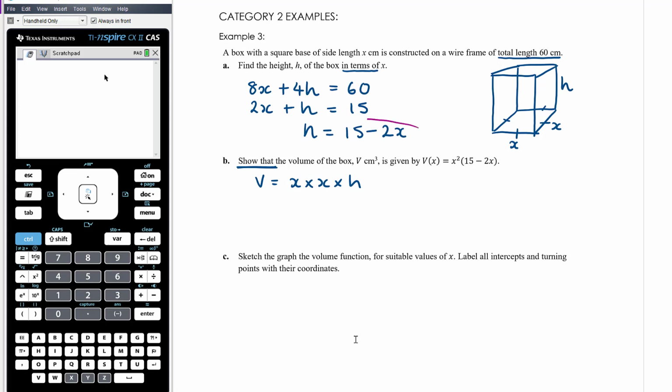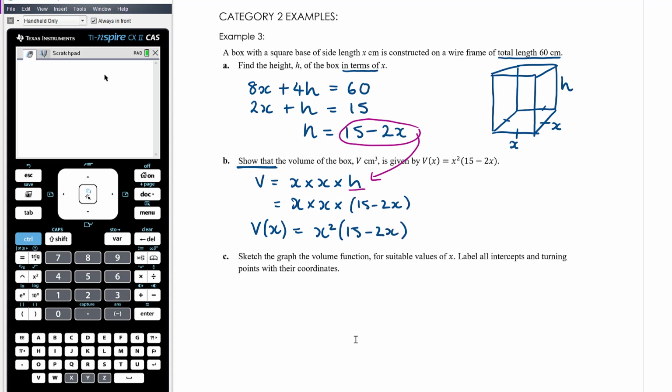We know what h is, and that's why they got you to do that in part A. The questions are going to step you through. They're going to be helpful. Is what I just did in the last part helpful? Okay. So now we know x squared times 15 minus 2x, okay? And so we've pretty much got what we're trying to show. So we can see that V of x is x squared times 15 minus 2x.